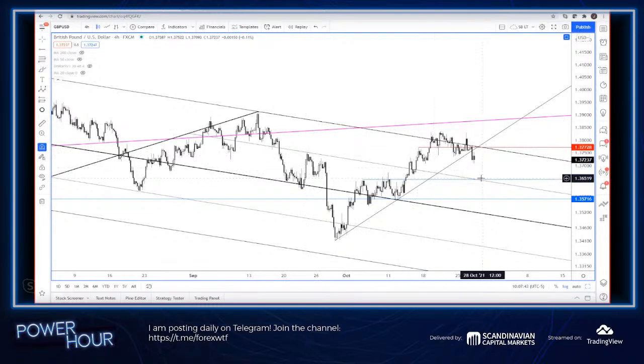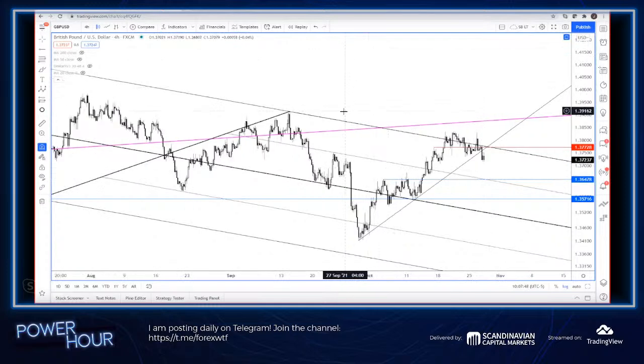So that's a level, just like any horizontal support resistance level that the market has traded into and reacted to. That is why it is considered a support level, the top side of this line. So 37.70 and 36.50 are the levels to focus on for the next day or so.